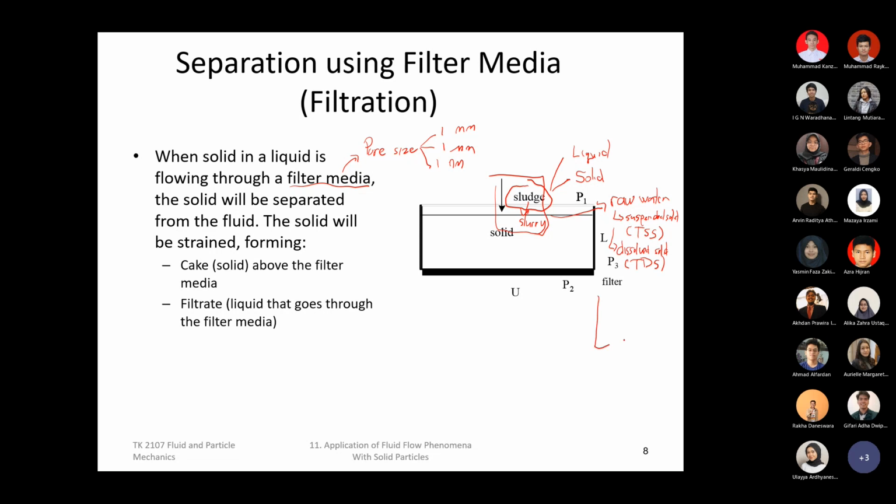When you imagine the raw water itself, if you have physically the solid looking like a dirt or a particle, let's say at the bottom of the containment, that's the TSS, the suspended one.